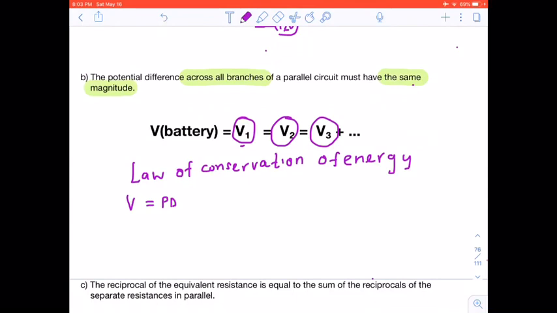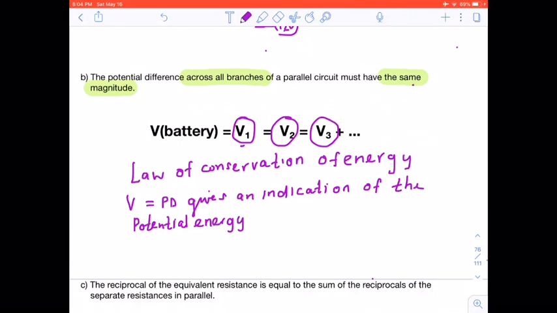And potential difference gives us an indication of the potential energy difference between the terminals of a battery, right?